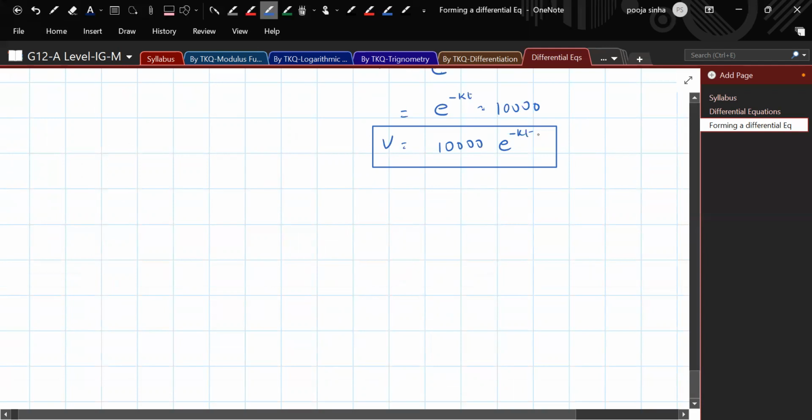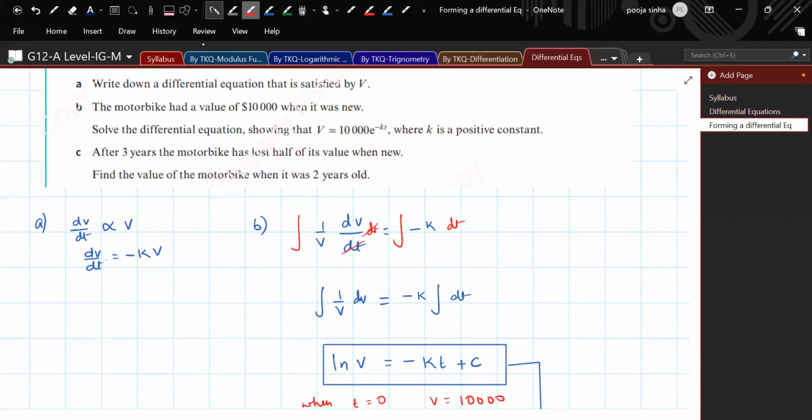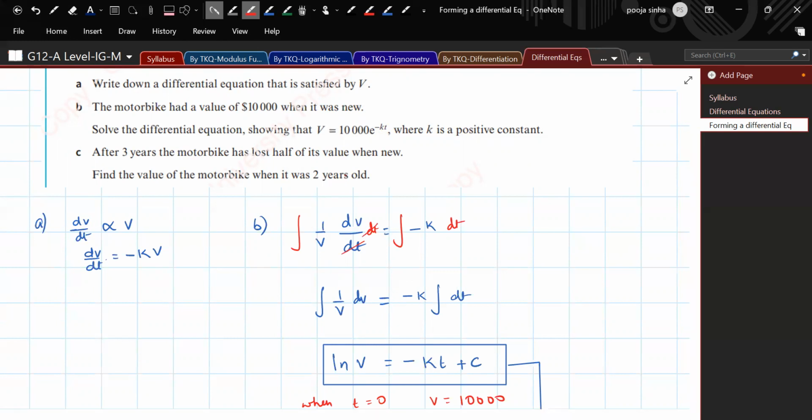Why were we given this information? Because after 3 years it lost half of its value. We still have to find k. K we don't know. From there we will find k, and find the value of the motorbike when it was 2 years old. Then we put t equals 2 and find the value. Got the point now?